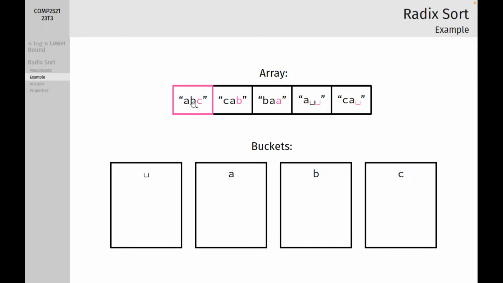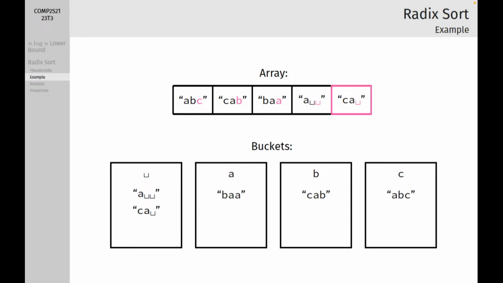The last character here is C, so we store that in the C bucket. For CAB, the last symbol is B, so we store this in the B bucket. BAA ends with the A symbol, so we store that in the A bucket. A blank blank, the last symbol is blank, so we store that in the blank bucket. And CA blank ends with blank, so we store this in the blank bucket. We assume here that storing a key into a bucket takes O(1), constant time.